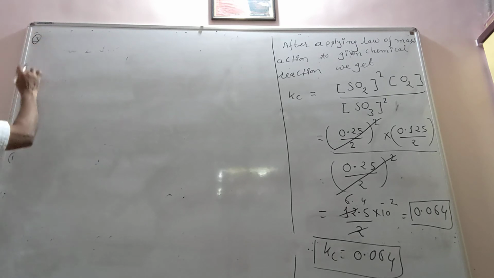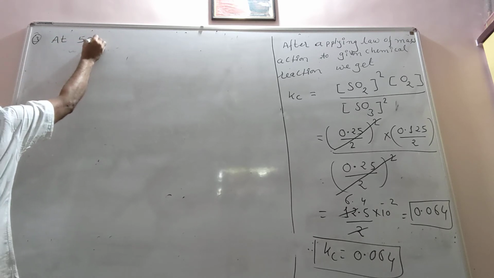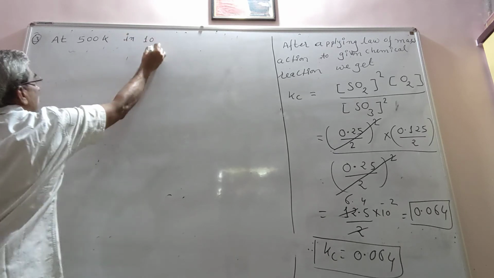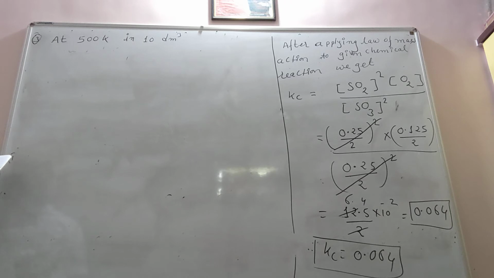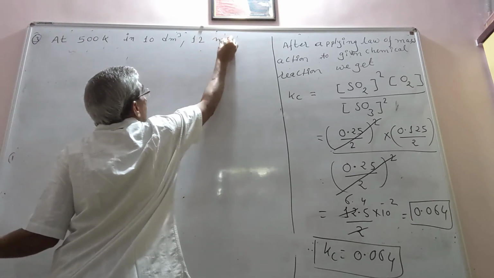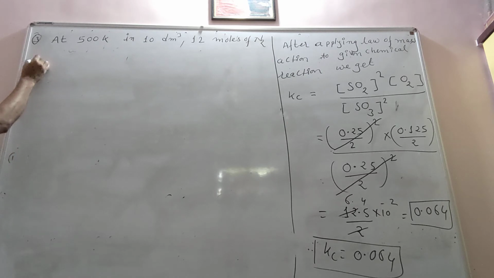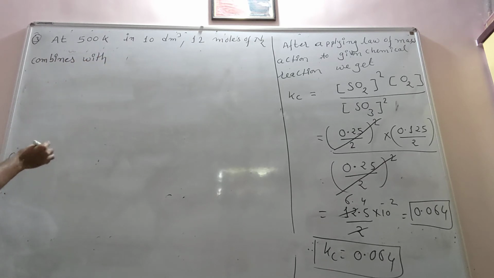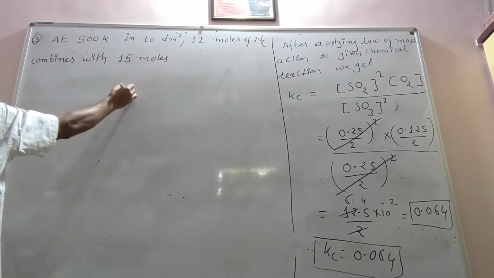At 500 Kelvin in a 10 dm cube, 12 moles of N2 combines with 15 moles of H2.